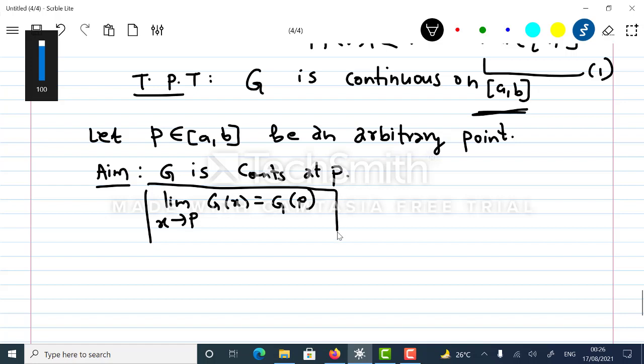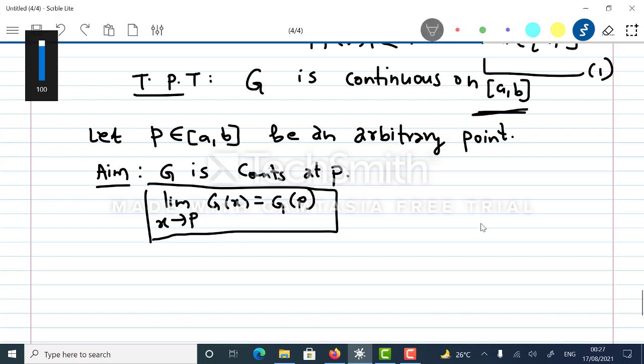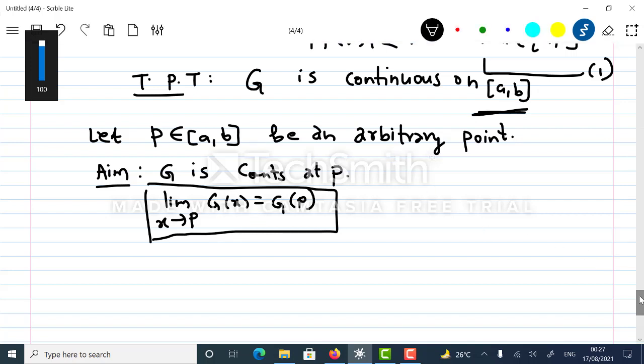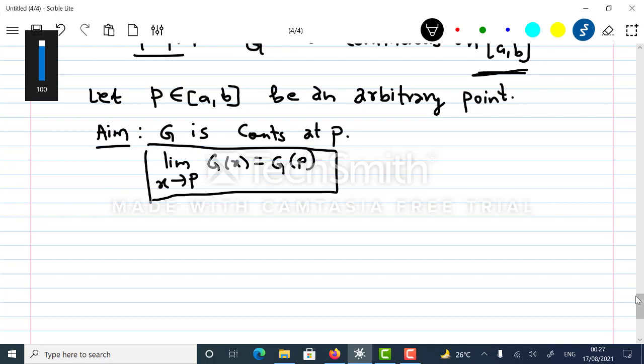Or in other words, we can show that for every epsilon greater than 0, there exists delta greater than 0, such that mod x minus p less than delta would imply mod g of x minus g of p less than epsilon. Right. So this is one of the ways to prove this. Suppose this is my a, b and this is my p.